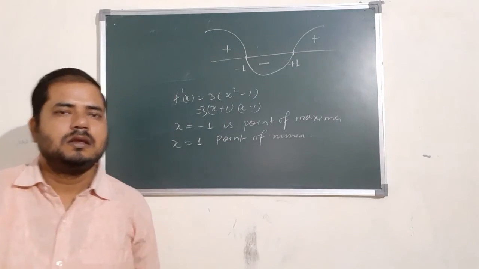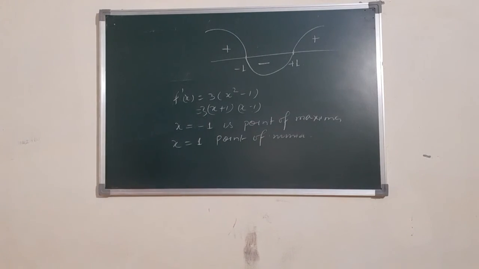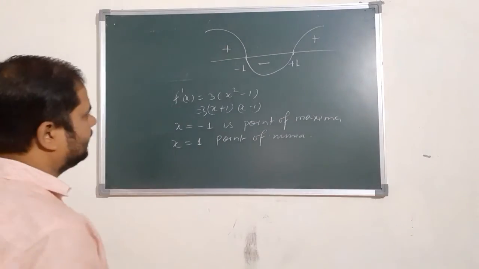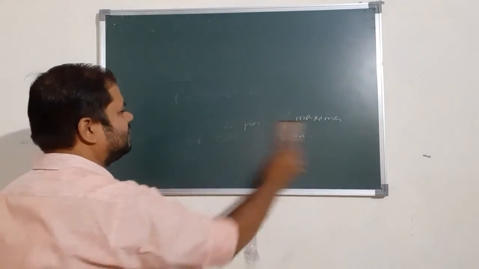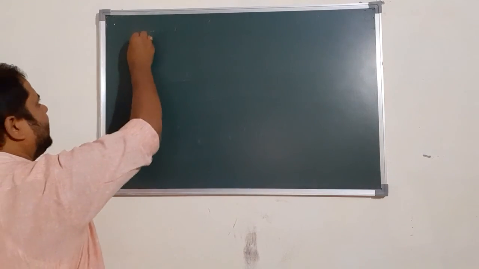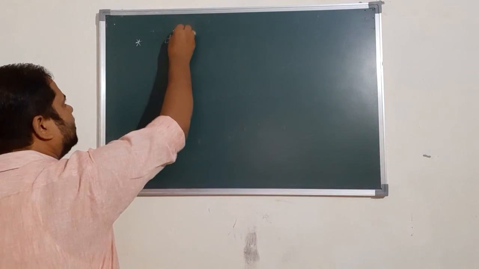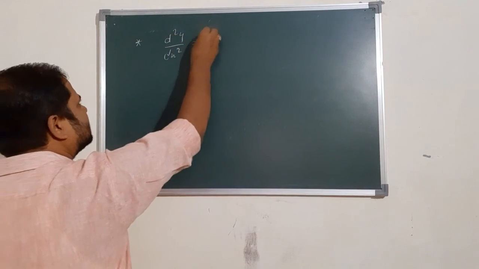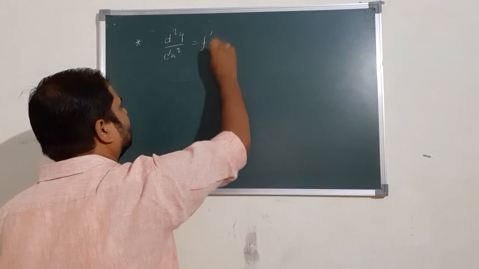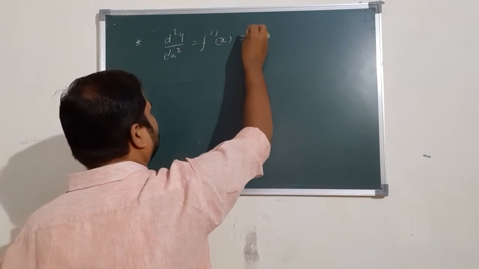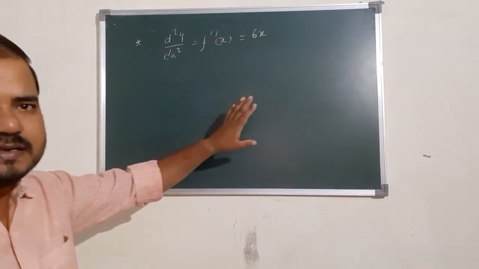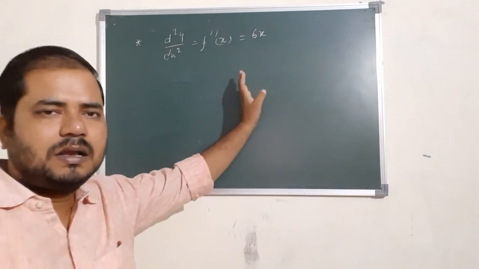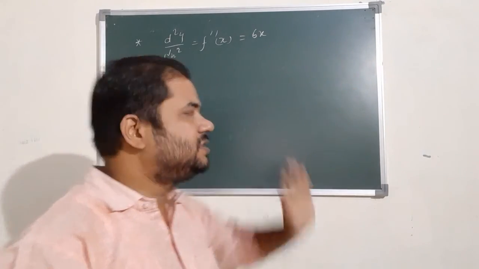Understood? Now the second method, the second order derivative test. We have the same procedure, only we find d2y over dx2. We have already found dy by dx. So now d2y over dx2, that means f double dash x, is 6x, since 3x square differentiates to 6x and the constant 3 differentiates to 0.